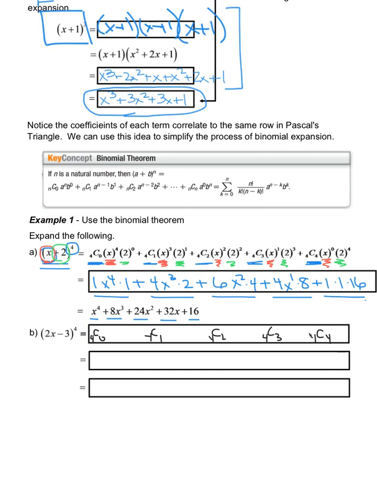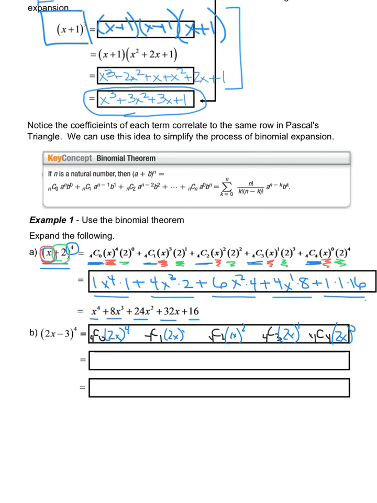All right, then we go into the first term of our expansion, which is 2x. We're going to have 2x to the 4th. We're going to have 2x to the 3rd. We're going to have 2x squared. We're going to have 2x to the 1st. And we're going to have 2x to the 0.